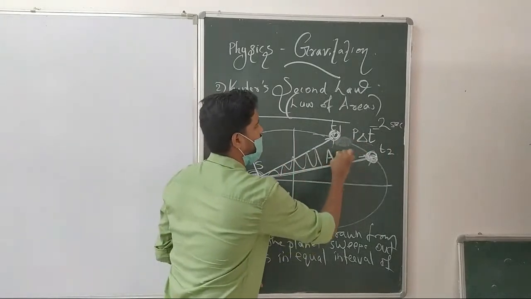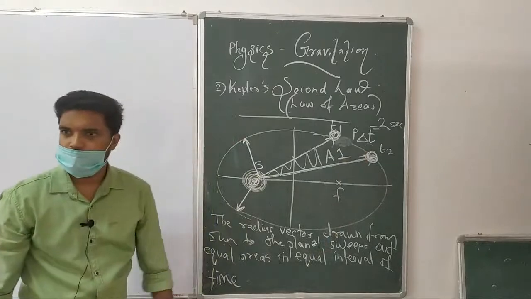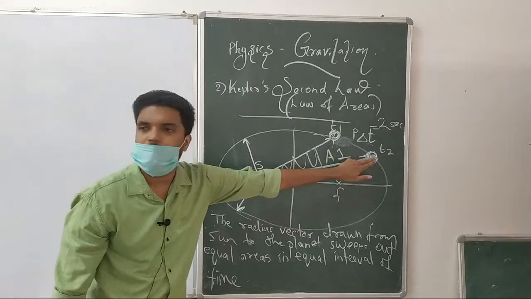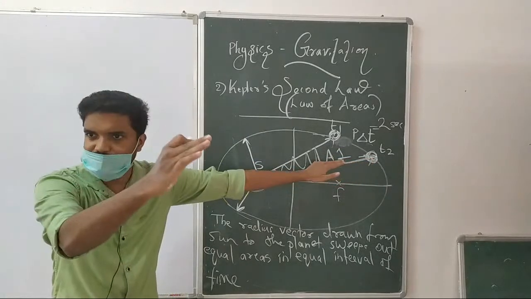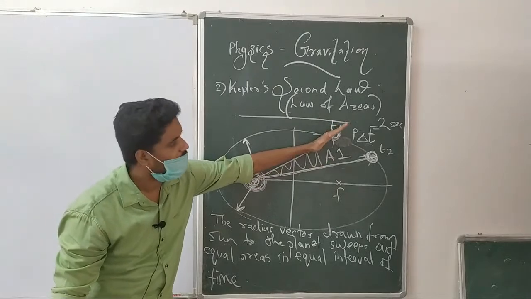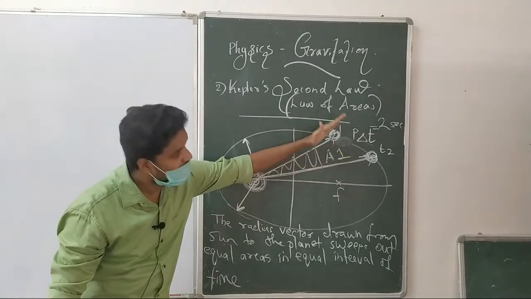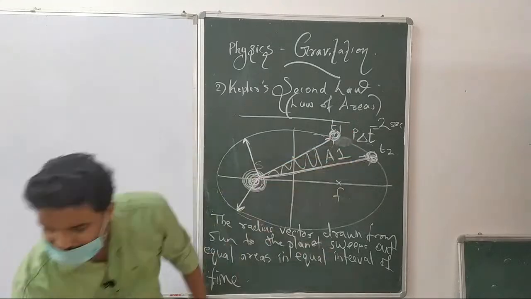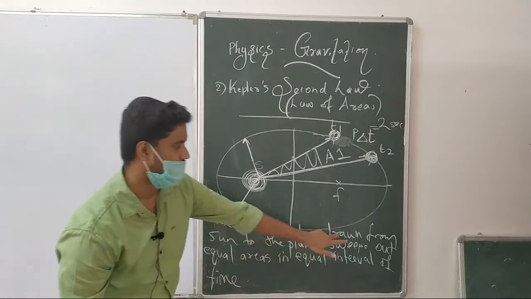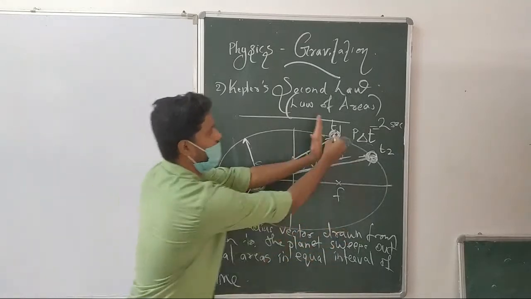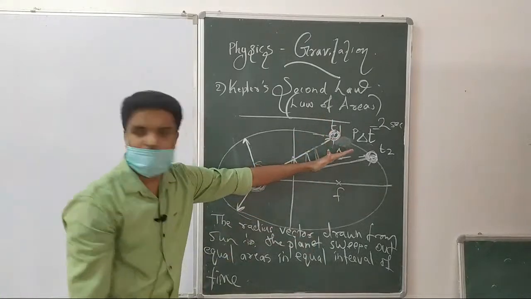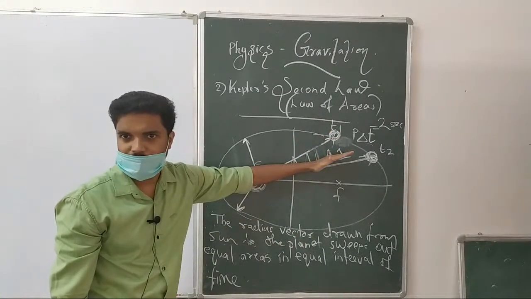Say I am calling it A1. First the planet was here, and the second time the planet is here. It is revolving around the sun, so after 2 seconds, this much area it is sweeping. Sweeping means brooming, like that. The radius vector drawn from the sun to this planet sweeps out some particular area. What is that area? A1.